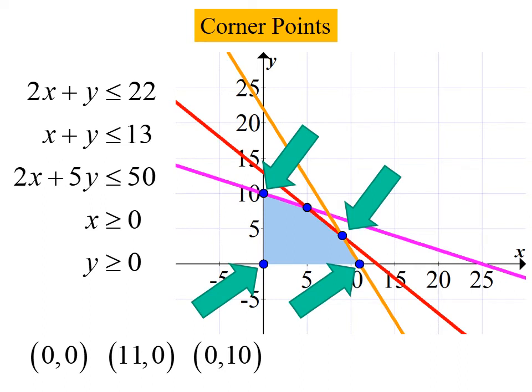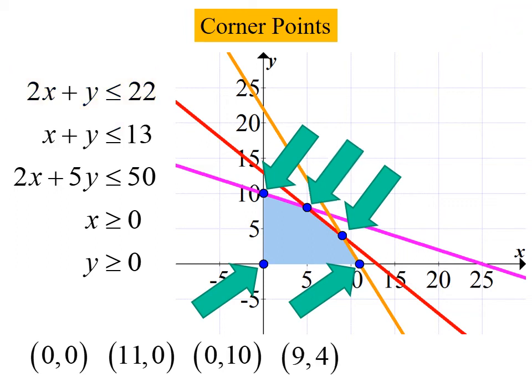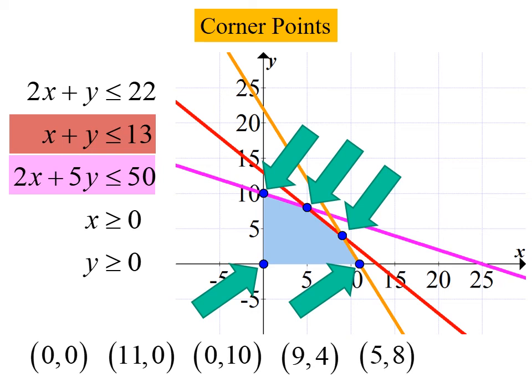Now, I won't go through that here, but that corner point comes out to be 9 and 4. And we can find the last one the same way by taking these two equations and doing the RREF method. So that is how we find the corner points.